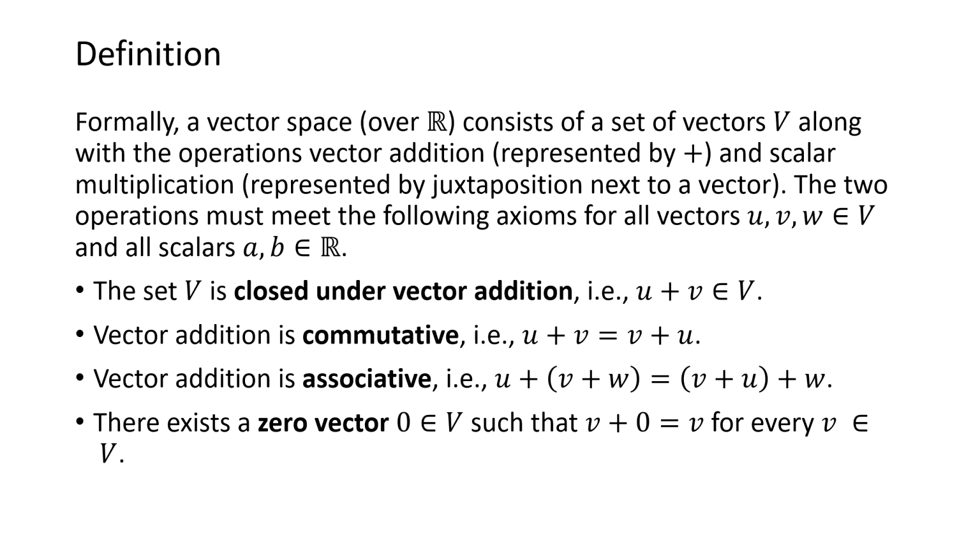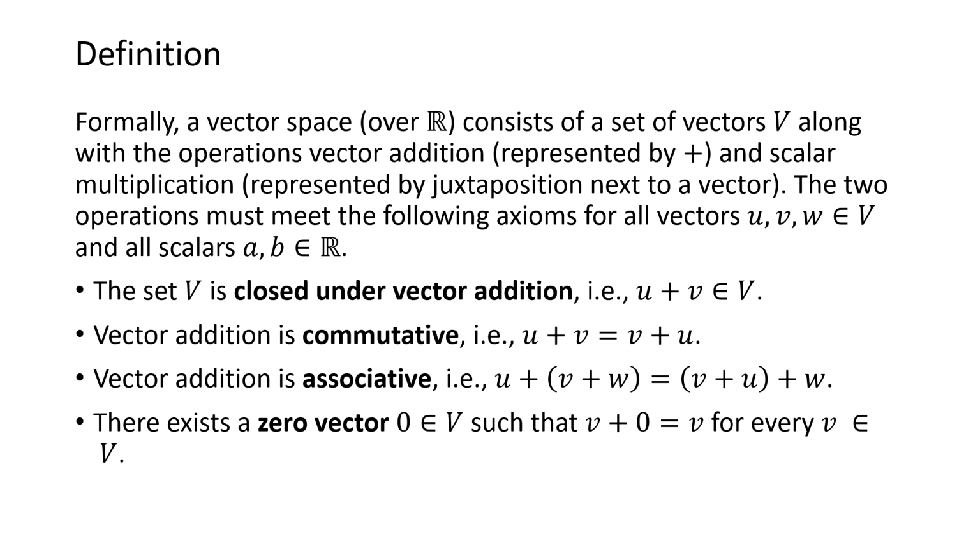So formally, a vector space over, for example, the real numbers consists of a set of vectors, V, along with the operations vector addition, represented by a plus sign, and scalar multiplication, where we just put the scalar next to the vector. So we use juxtaposition to indicate scalar multiplication.